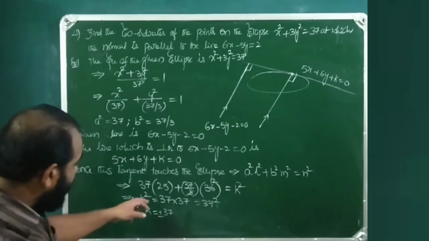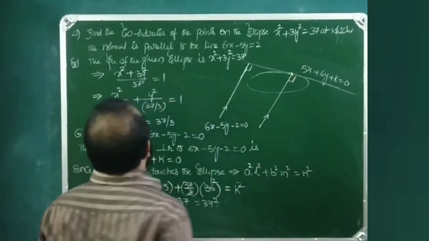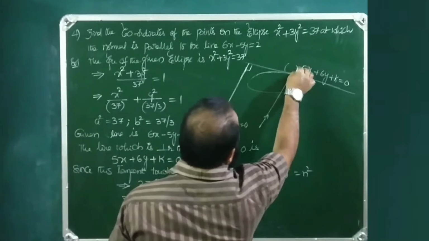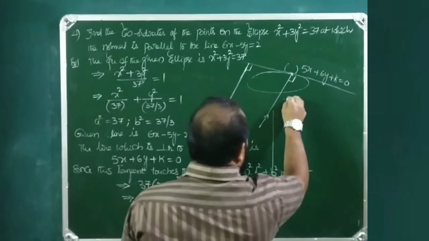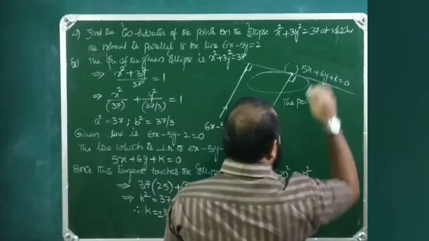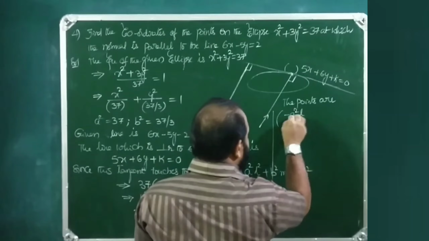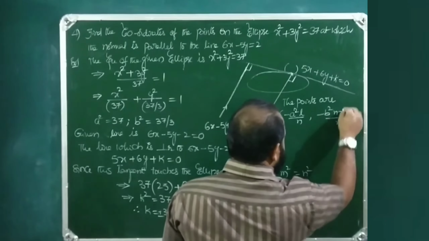So then what is the point of contact? Find the coordinates. That means we need to find out this point of contact. So the points are minus a square l by n, minus b square m by n.